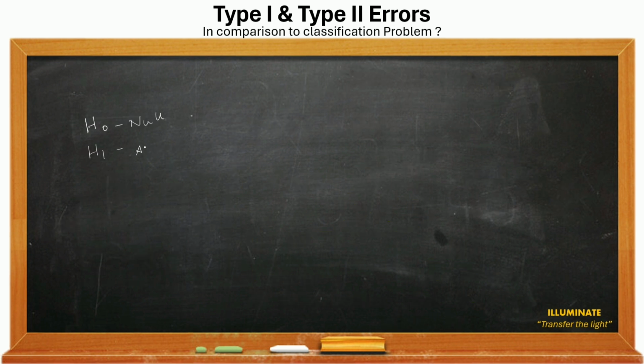Till now, we have discussed what is the null hypothesis and what is the alternate hypothesis. We'll continue with the same example of global temperature increase. This is our case study.